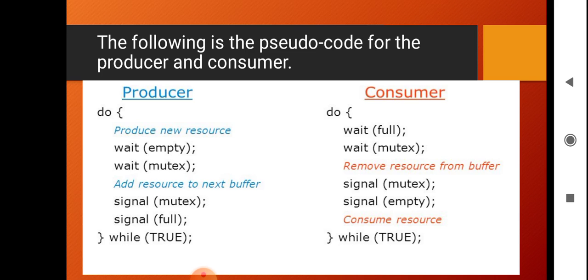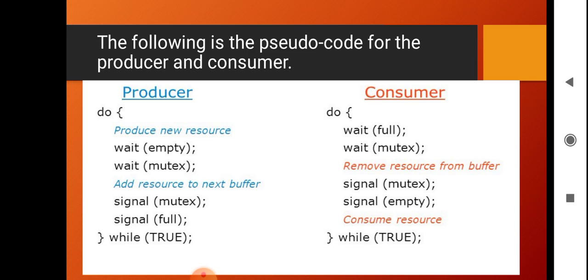Now whenever you produce the data, we have to add it to the buffer, or store it in a buffer. How do you store that? By using signal. So what is signal here? Signal is one of the operations of a semaphore. In the signal operation, it increments the value of a semaphore by 1.